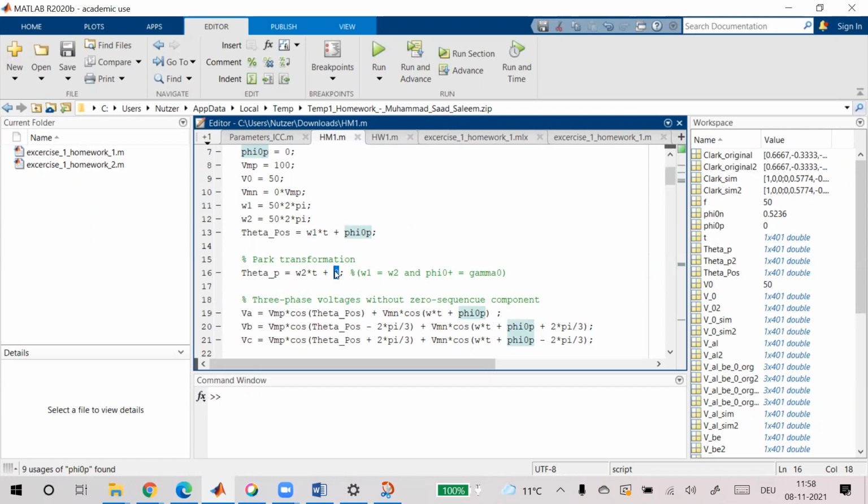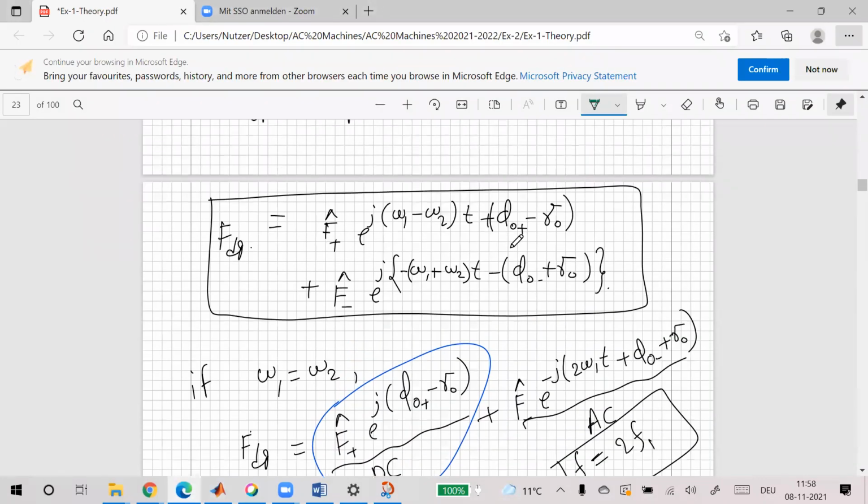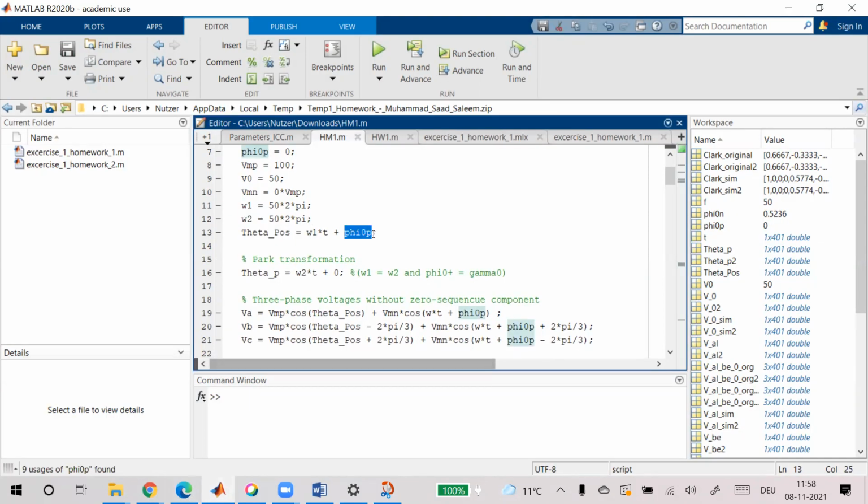This gamma naught is 0 and this is 0. If this value is also 0, then you just get the D component, you do not get the Q component. But now let me make this some value. I'll add some phase now, so it is pi over 3.